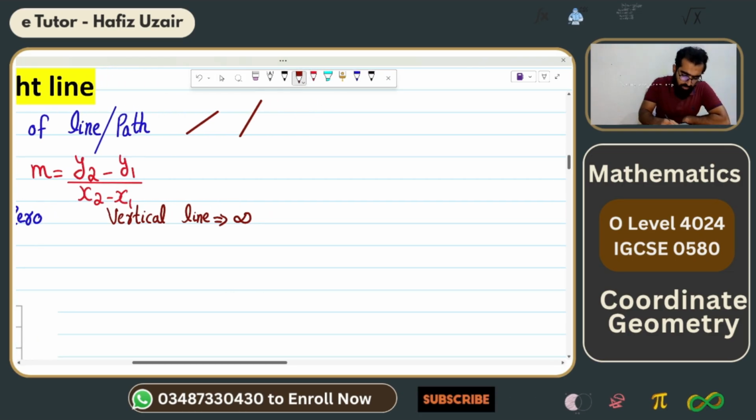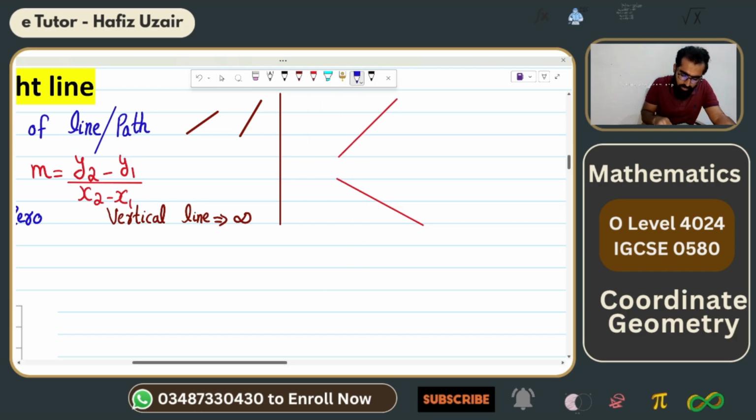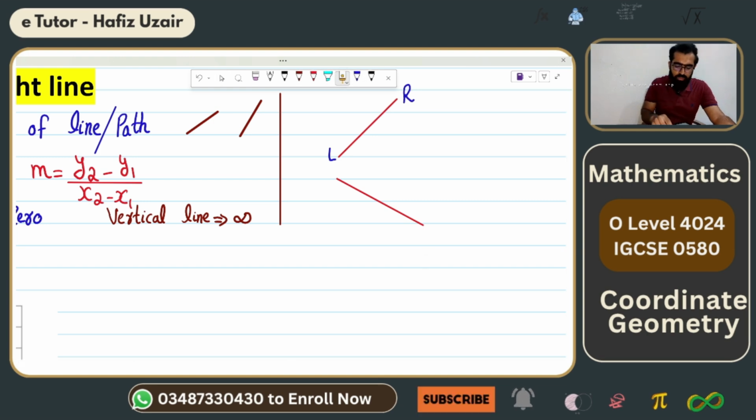Similarly, the third type is the sloping line. So we have three types of line: horizontal line, vertical line, and sloping line. Let's say we have this line and we also have this line. This line is moving from left to right upward, so the gradient of this line will be positive.